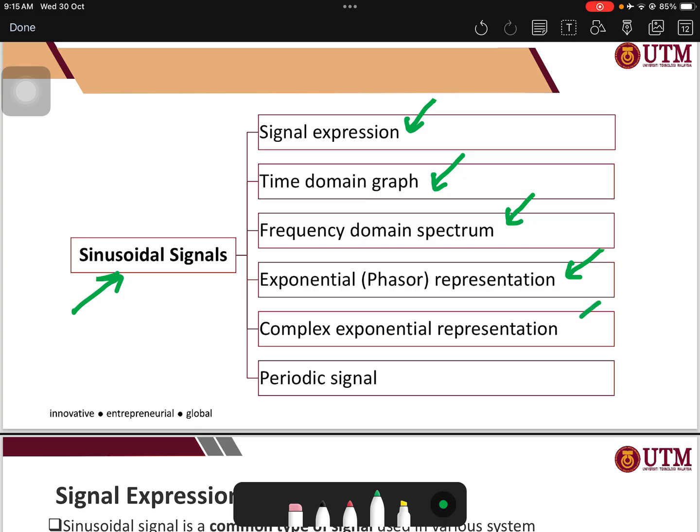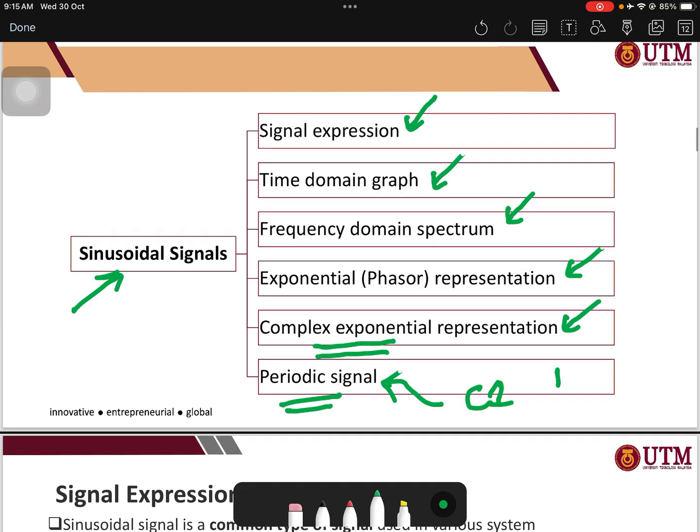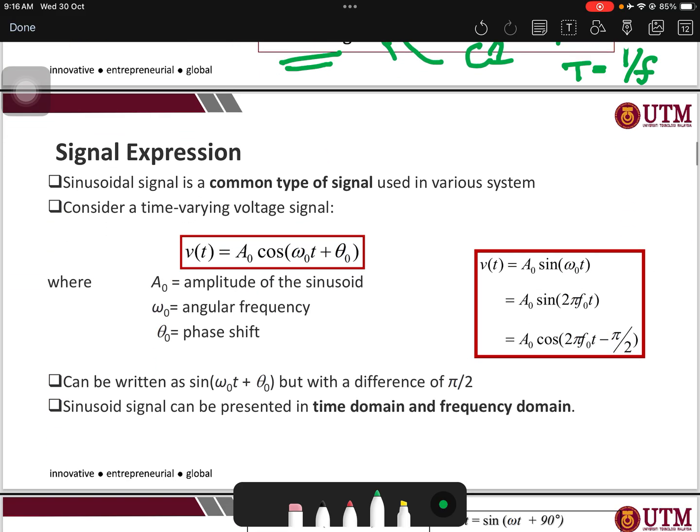You have to know how to represent the signal in terms of the complex exponential, and then we are going to do some revision on the periodic signal, because in chapter 1 we learned that the periodic signal is repeated by the period of T. So you know that T is equal to 1 over f.